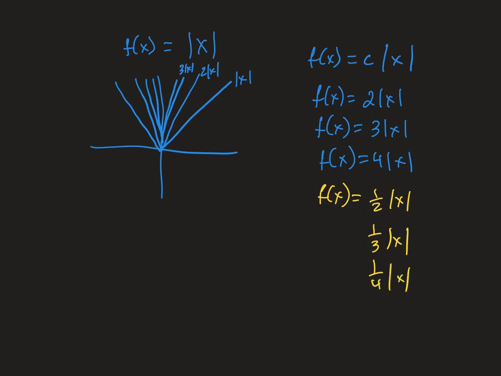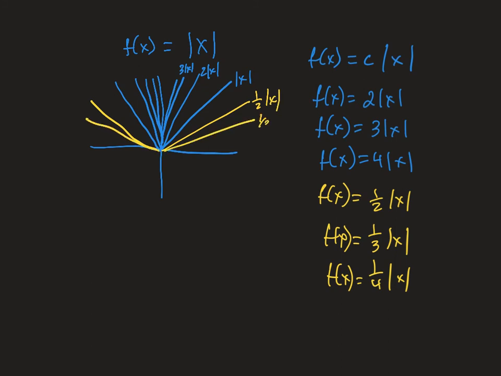And the smaller that fraction gets, the wider this function will be. So 1/2 would maybe look like this. 1/2 absolute value of x. 1/3 would be a little wider. 1/3 absolute value of x. 1/4 will be even more wide.